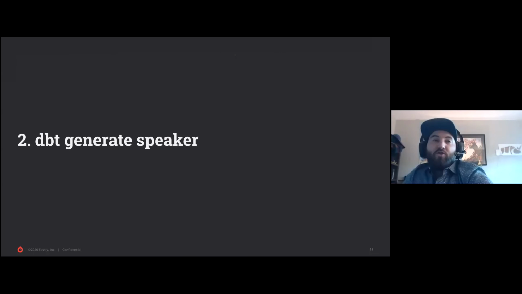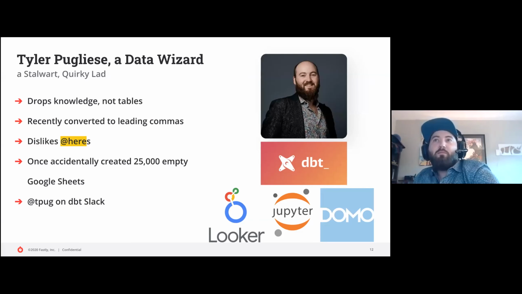So we're going to talk about the speaker. That's me. We'll talk a little bit about myself. I like to drop knowledge, not tables. I recently converted to leading commas, and you can talk to me after the show about why I'm wrong. I dislike @heres just in general, flat out, in Slack. I once accidentally created 25,000 empty Google Sheets rather than one Google Sheet of 25,000 rows.